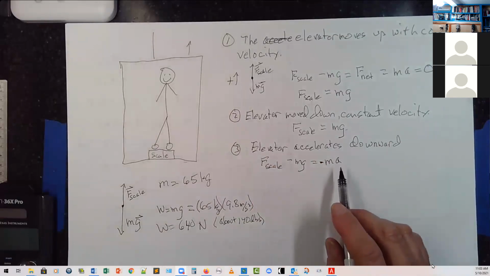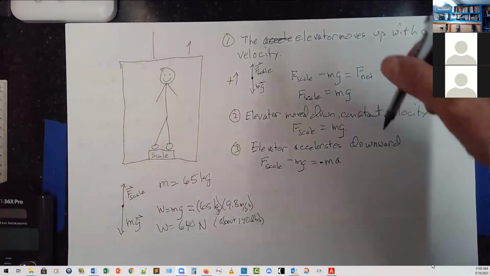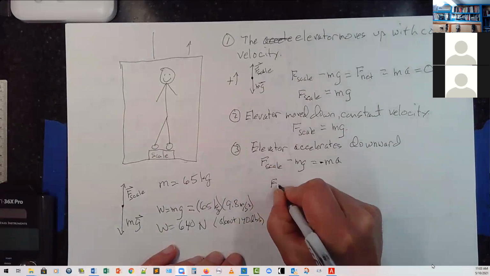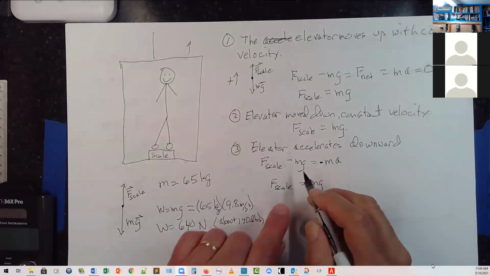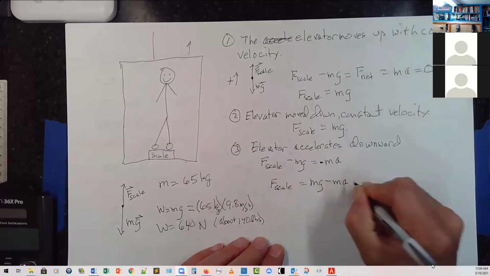That minus sign indicates that it's accelerating downward. In that case, the force that the scale exerts on the person is equal to mg minus ma.